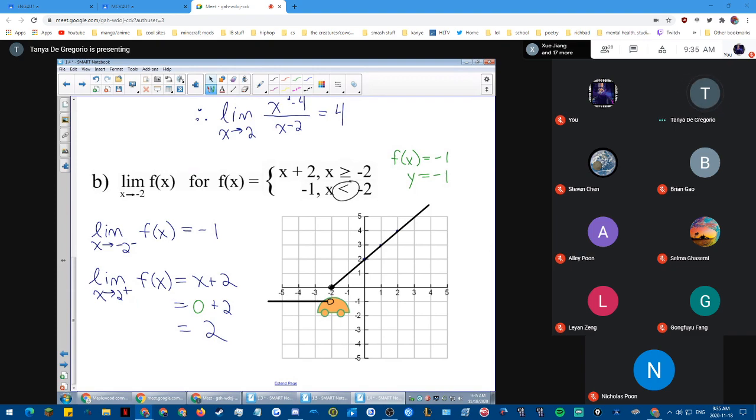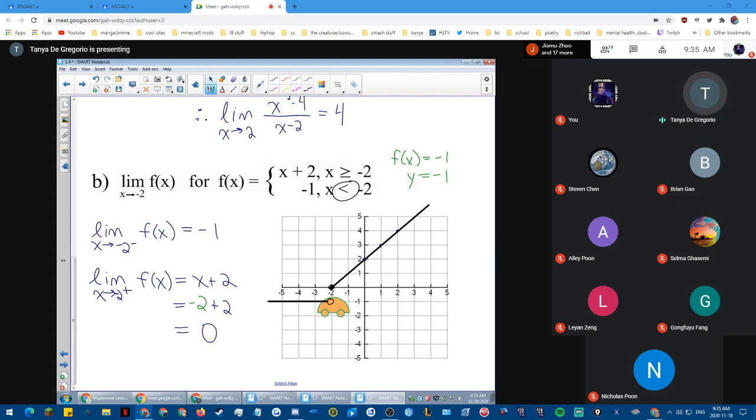Oh, sorry. How come I didn't equal 2? What happened here? Thank you. I wrote 2 here. I don't know why I did that. Our x is approaching -2. And this equals 0. There we go.